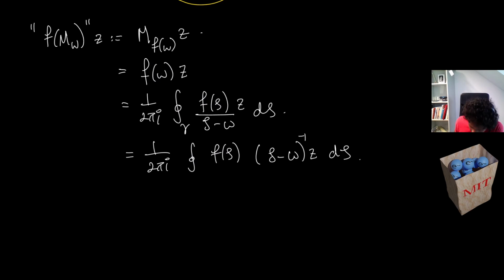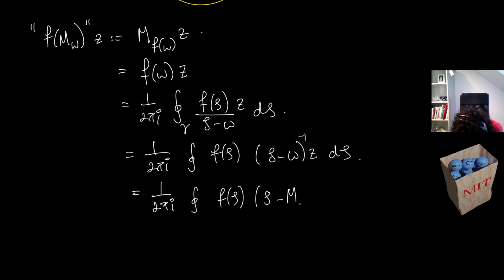But let me rewrite this again. So this I can write as 1 on 2πi f(ζ), ζ minus, now M_ω inverse acting on z dζ. Okay, because that was the definition of my operator.